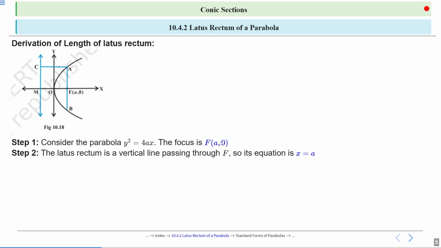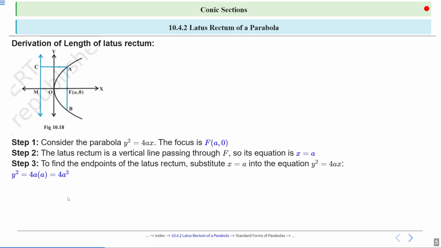In step 2, the latus rectum is a vertical line passing through the focus F (a, 0). So the equation of the latus rectum is x equal to a.